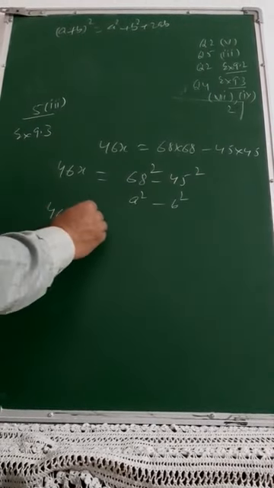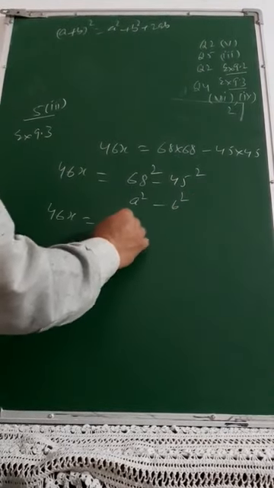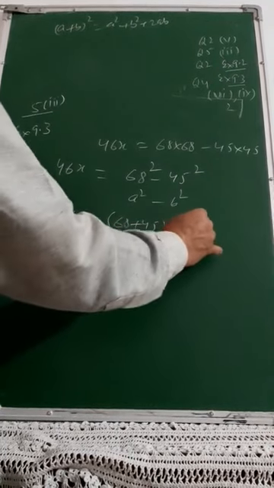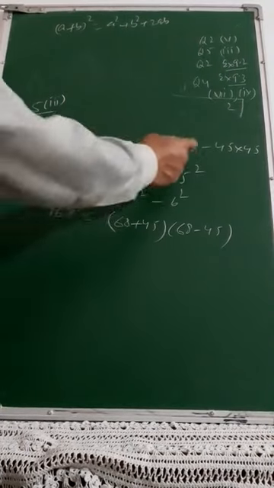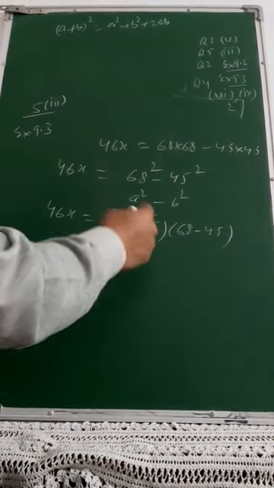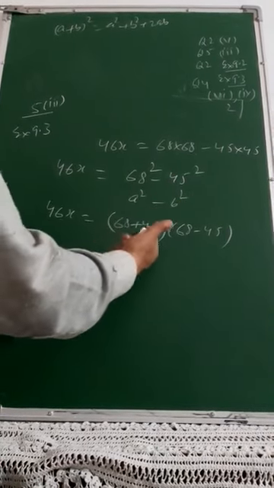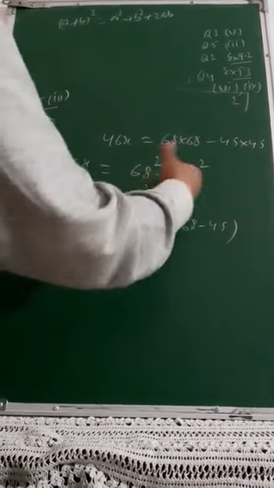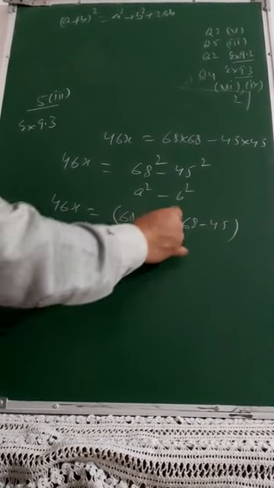So 46x, now a square minus b square, I know, is equal to (a + b)(a - b), that is (68 + 45) into (68 - 45). But what is a? a is 68, and b is 45.